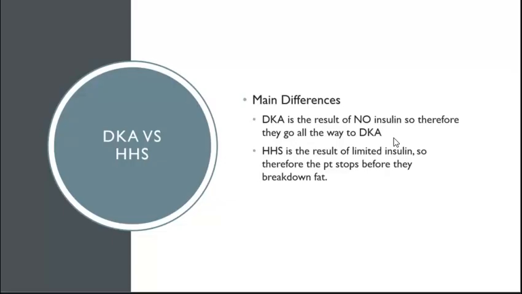We treat with fluids, insulin, bicarb, and potassium. HHS is the result of limited insulin, so therefore the patient stops before they break down fat. They still have insulin, just not enough. Their sugar is high. They are dehydrated. We treat with fluids and then insulin.